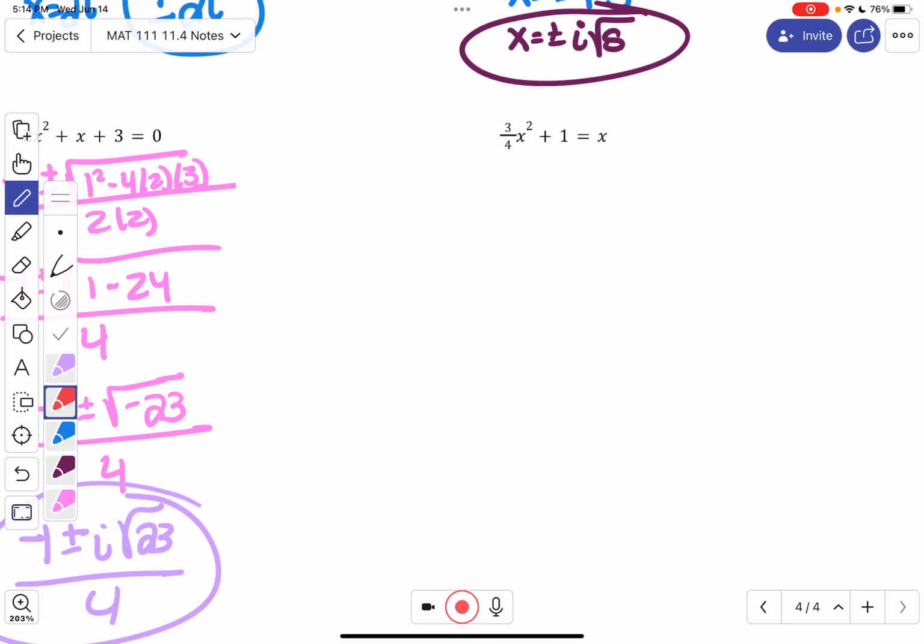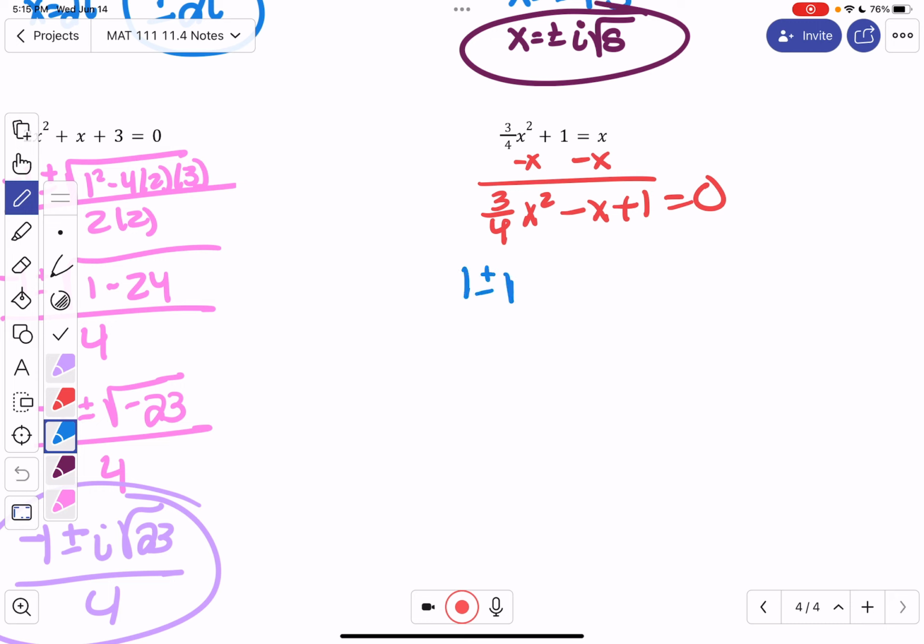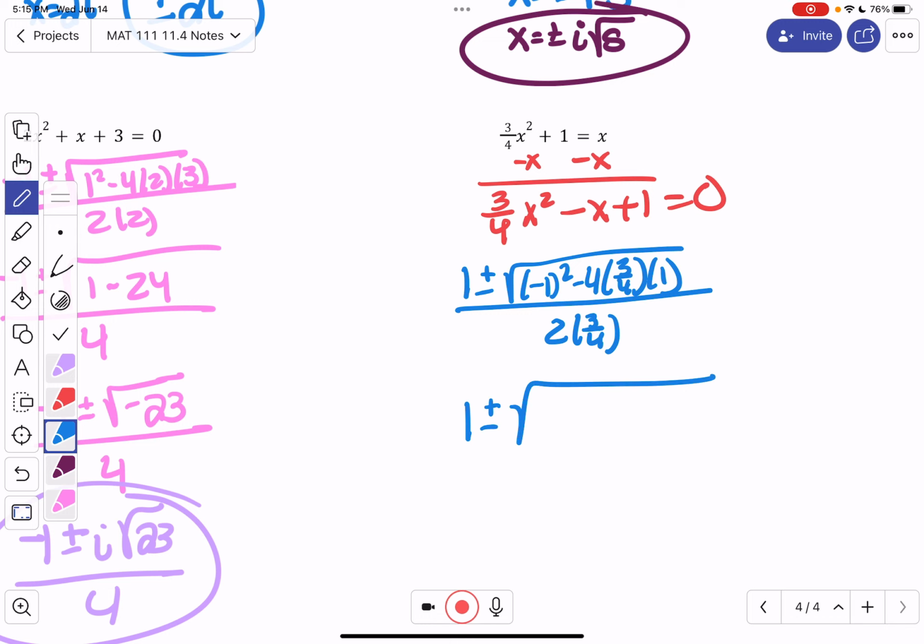So let's do the same thing over here. First, we need to make it equal 0. So we have 3/4 x squared minus x plus 1 equals 0. Opposite of b, plus or minus the square root of b squared minus 4ac, all over 2a. Negative 1 squared is 1.